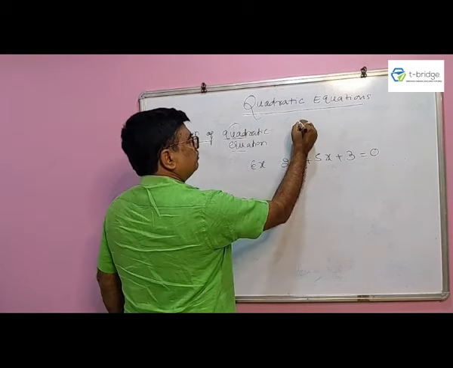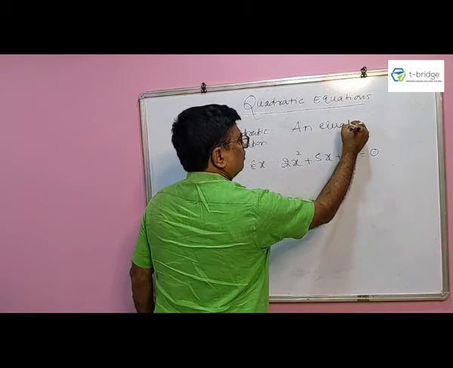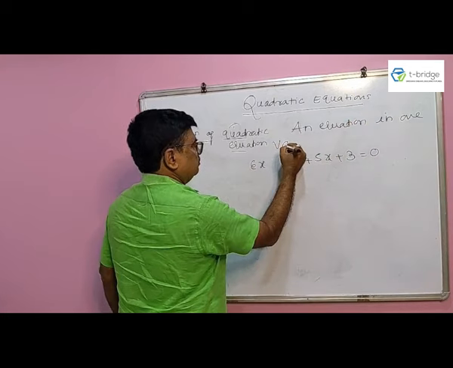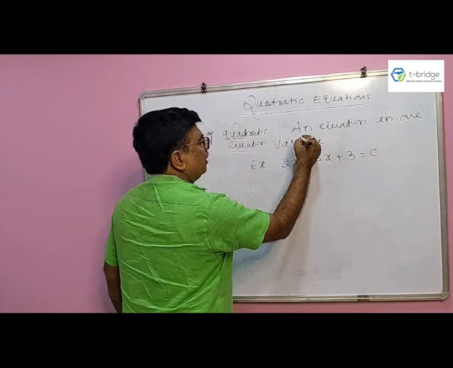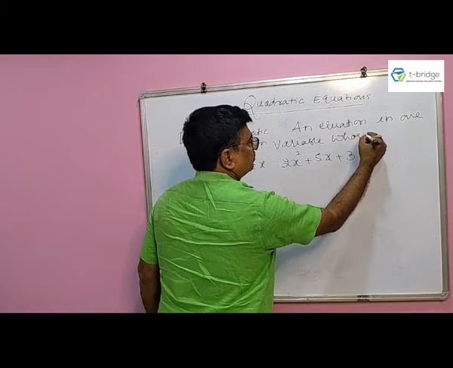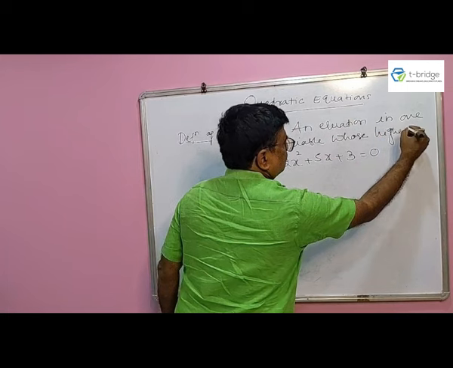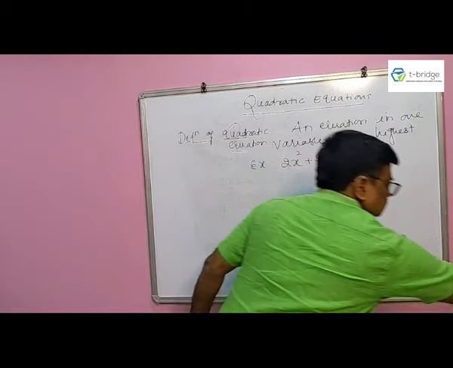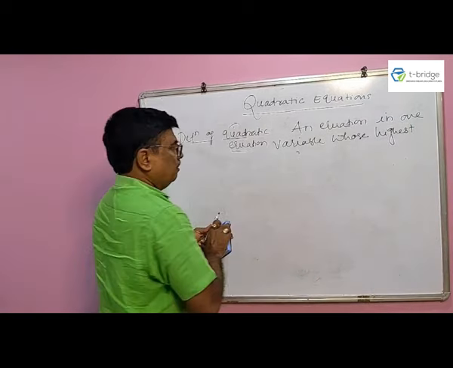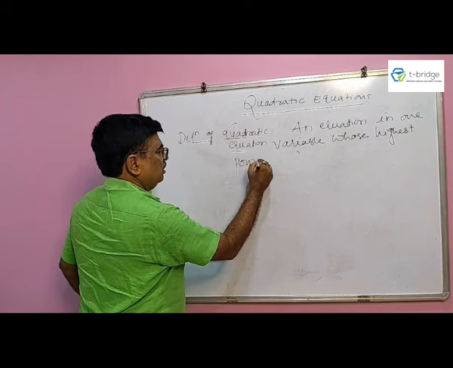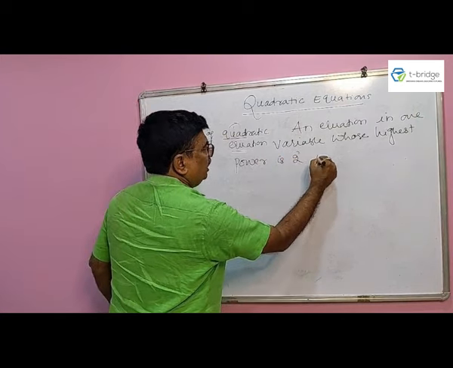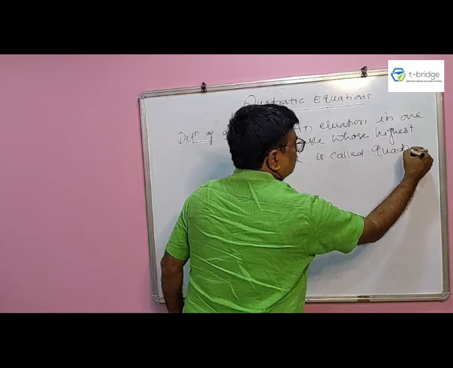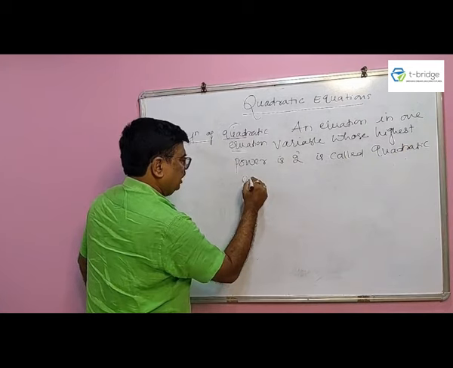Now I am going to write it: an equation in one variable whose highest power is 2 is called a quadratic equation.